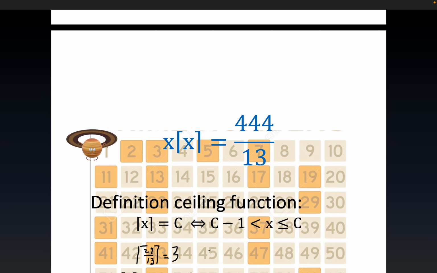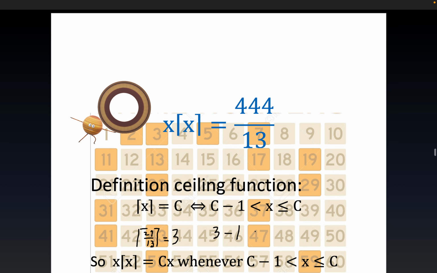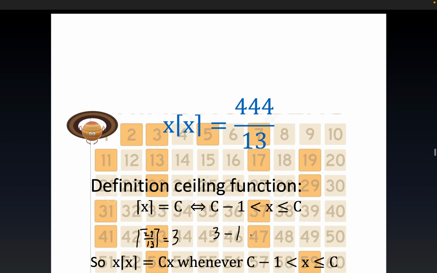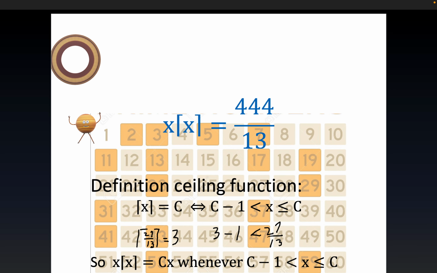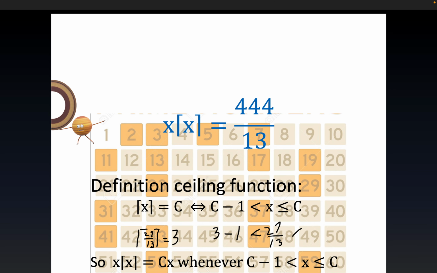But that's because we have 3 minus 1, straight from the definition here, strictly less than 27 over 13, less than or equal to 3, sorry.